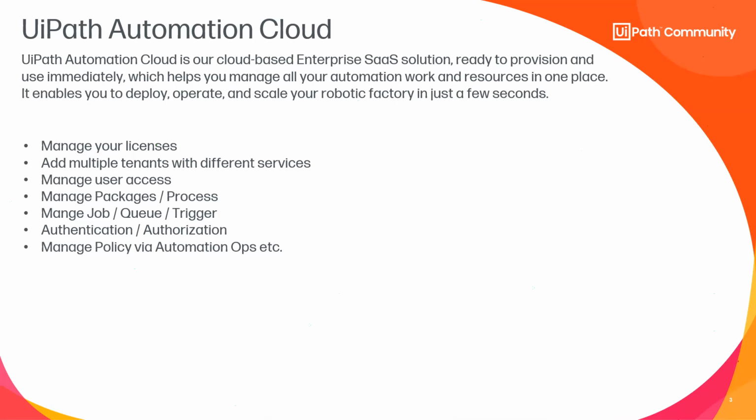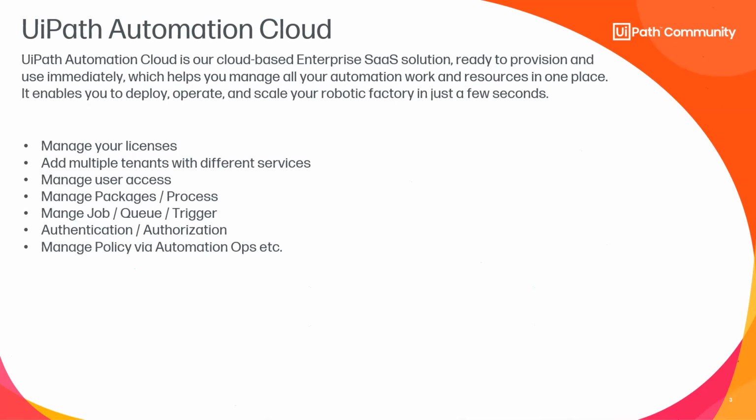The other part to that same architecture is automation cloud, which is a cloud-based SaaS solution, giving you the same capability that you generally get in orchestrator, right? Automation cloud is a SaaS offering from UiPath, where you don't need to worry about infrastructure. You don't need to worry about installation components.